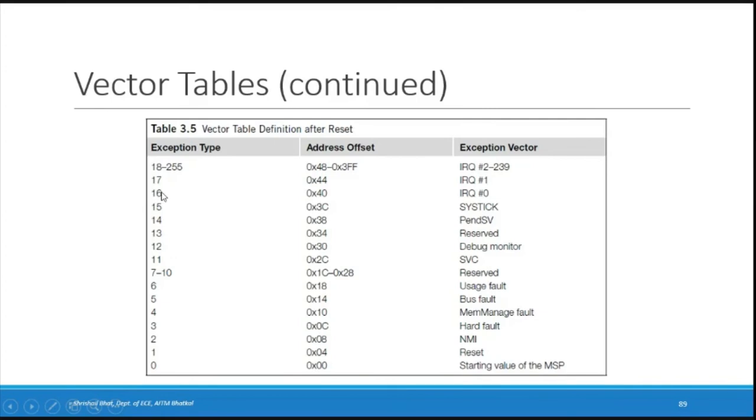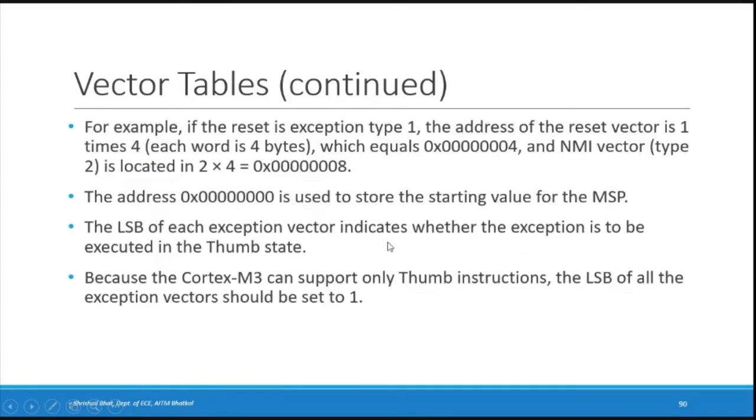So it is 16 into 4, which is 64 in decimal. In hexadecimal, it is 40H. So it will go to 40H and find the starting address of its interrupt service routine, and then it will be executed. So whatever the exception type, that multiplied by 4 will give you the address offset, right?